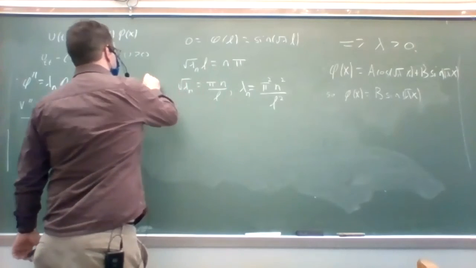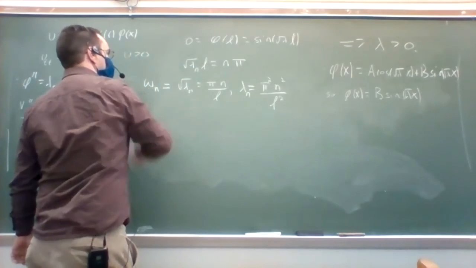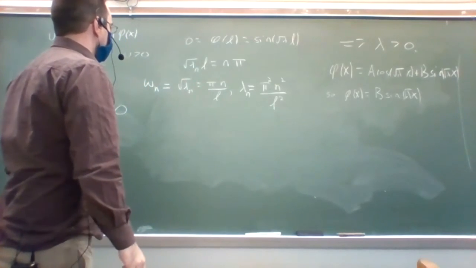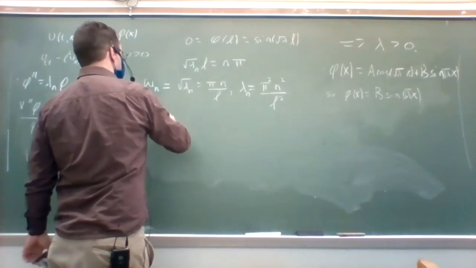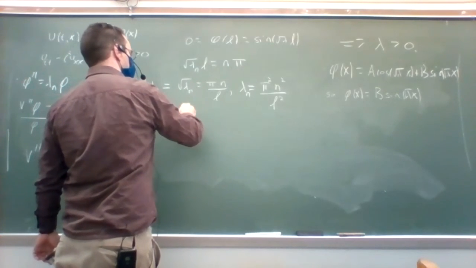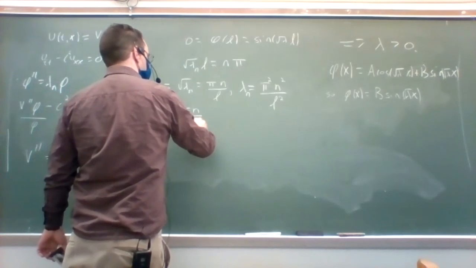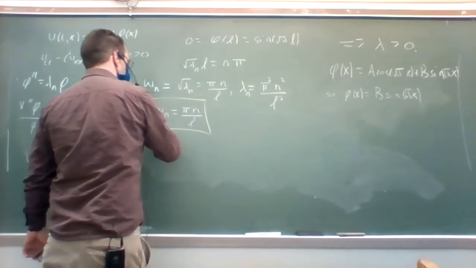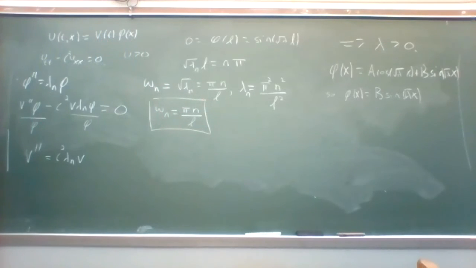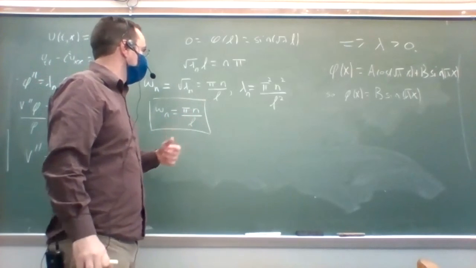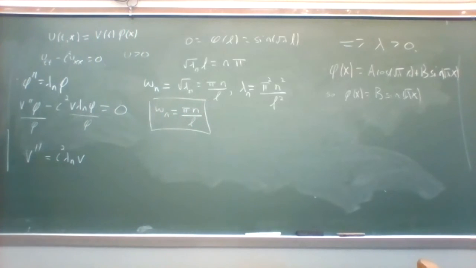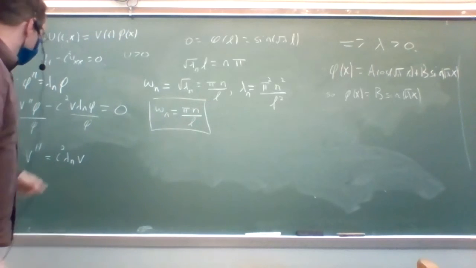We do make this definition that omega n is the square root of lambda n. I guess you're right, Leo, these will turn out to be, on the nose, the frequencies. But let's see that, this is the proof.